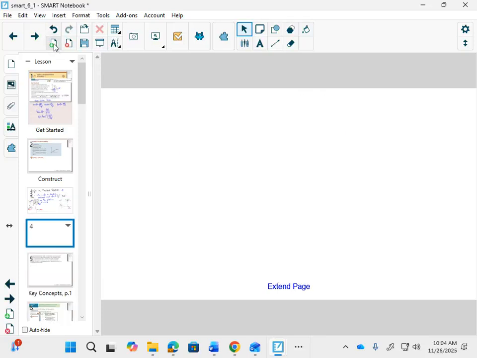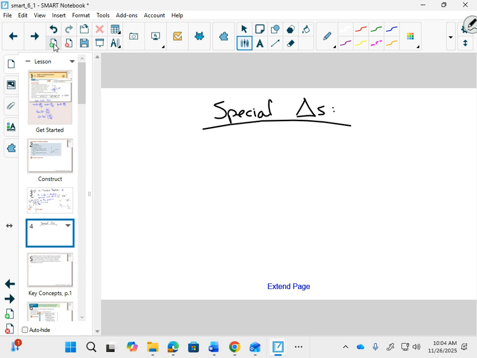Next, we're going to look at our special triangles. Certain triangles are special, and they allow us to do trigonometry without our calculator.